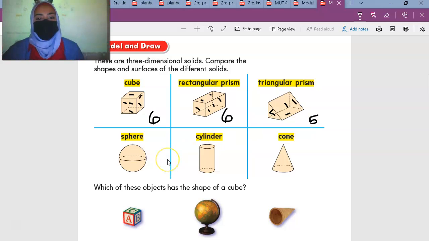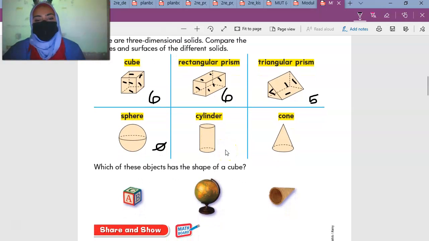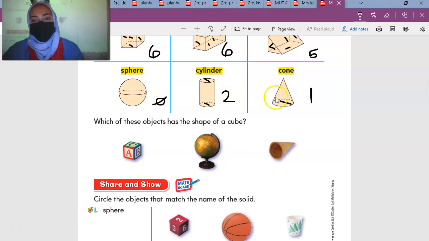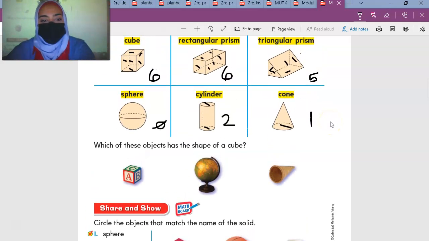A sphere has how many flat sides? 0 flat sides. A cylinder has how many flat sides? 1, 2. A cone? 1. This is not flat, it rolls. It's not a face. A face is something that's flat, you can sit on.